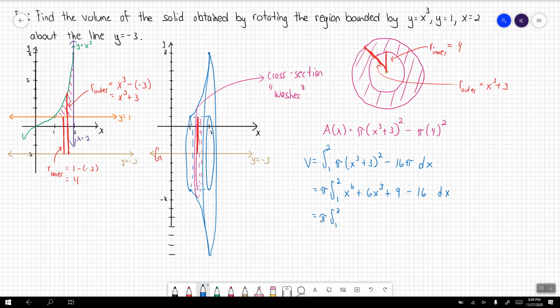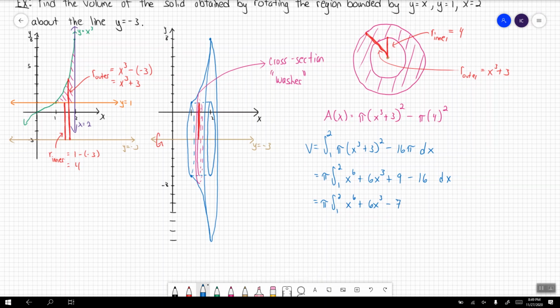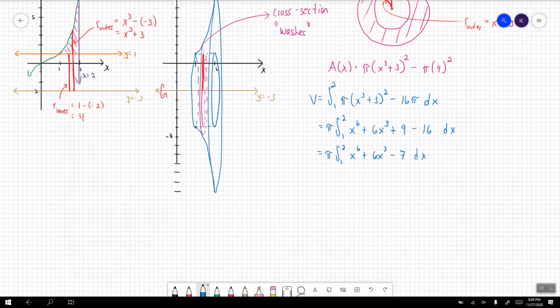Which means this volume is pi times the integral from 1 to 2 of x to the 6 plus 6x cubed minus 7, dx.